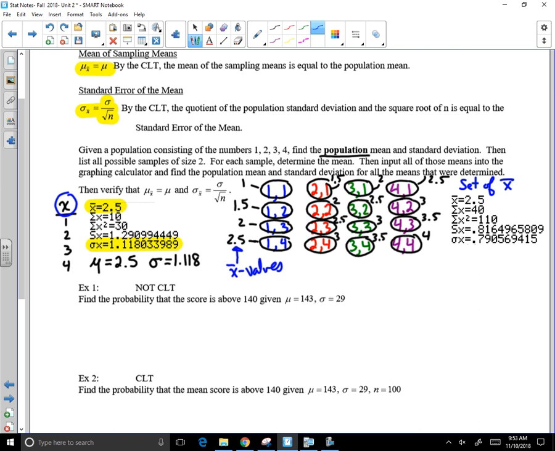So when I find the mean, it's really weird, especially when I say what I'm about to say. I'm finding the mean of the means. I have a set of means, but I'm finding the mean of those. What I'm finding is the population mean of the set of sample means. In this case, 2.5.